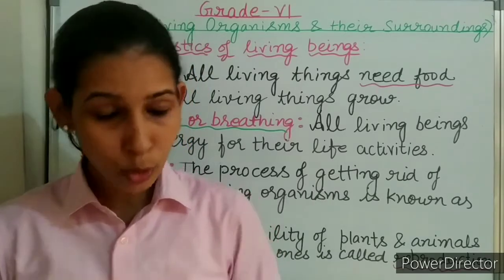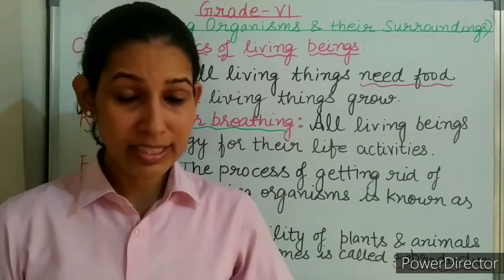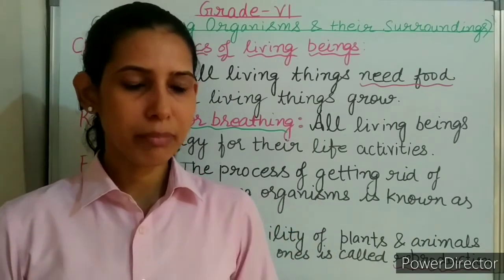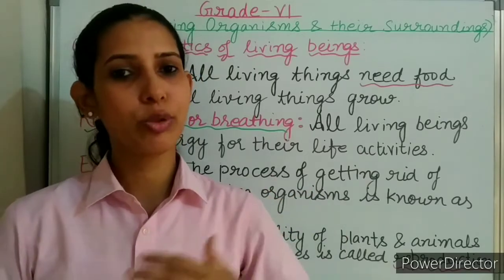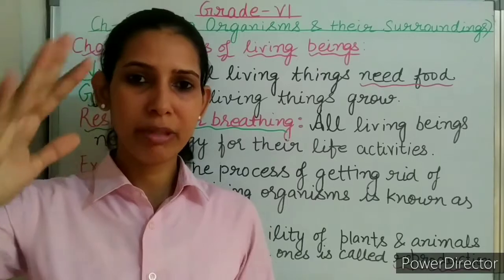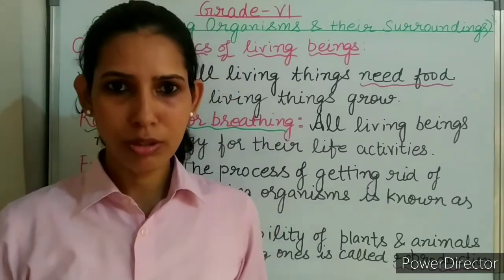But the growth in the case of a building is external, because we are adding things externally, and it is reversible. Reversible means something that can be brought back to the previous state. For example, one building has been made. The same building can be demolished also.